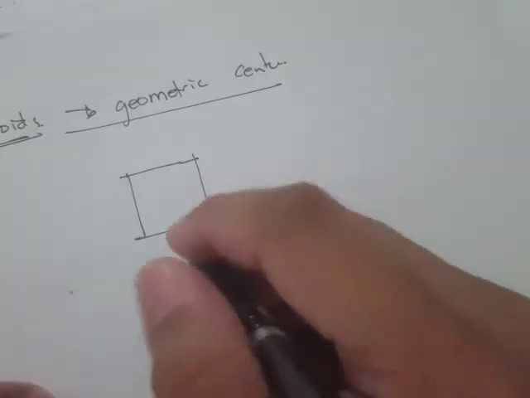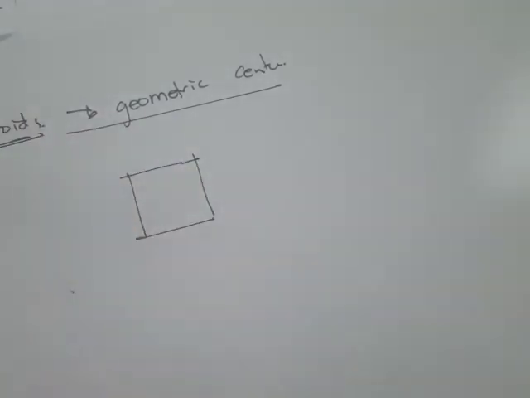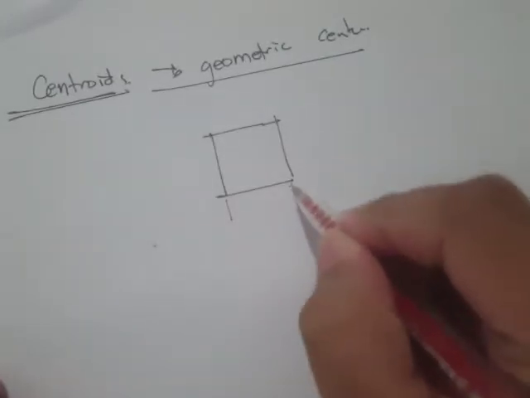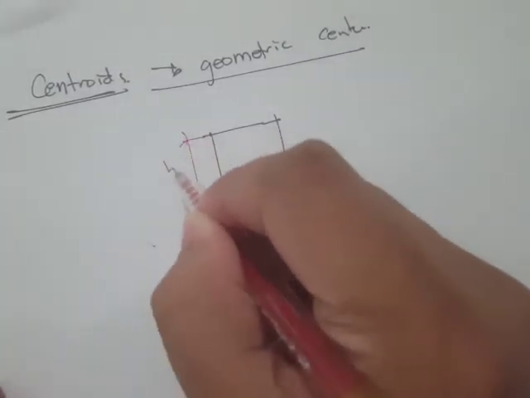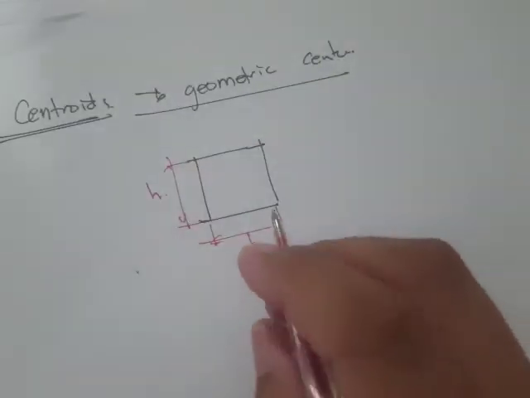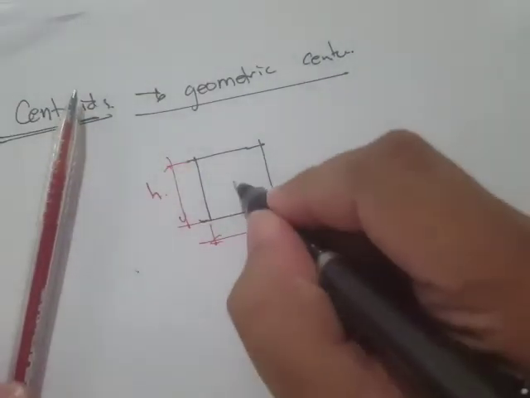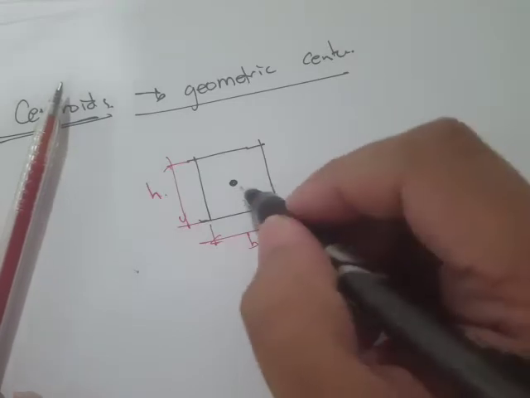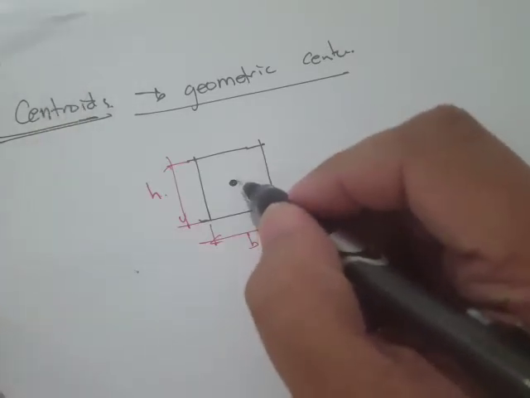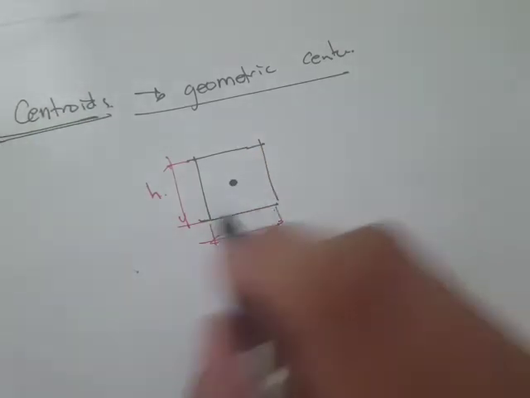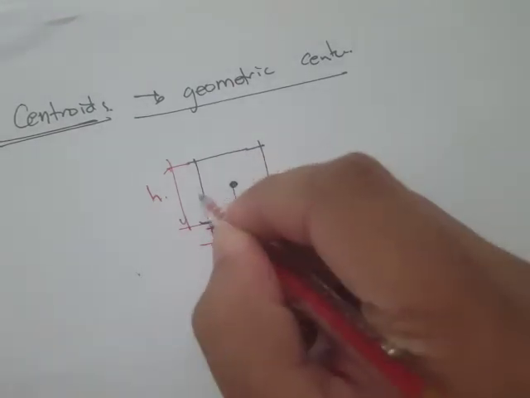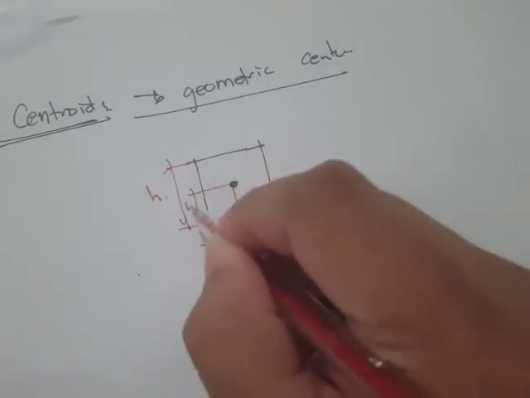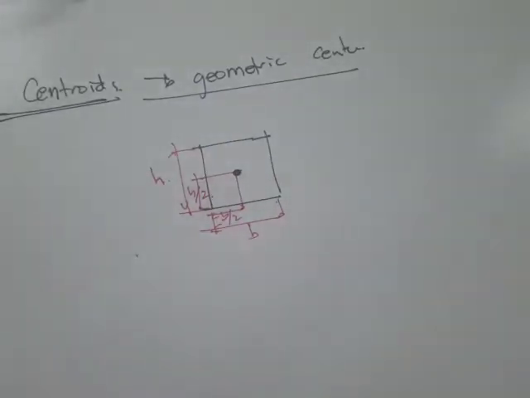Now let's say we have this base over here. The distance here is b, and the height here is h. If we want to find the position of the center, then that's going to be b over 2, right? And this one would be h over 2.